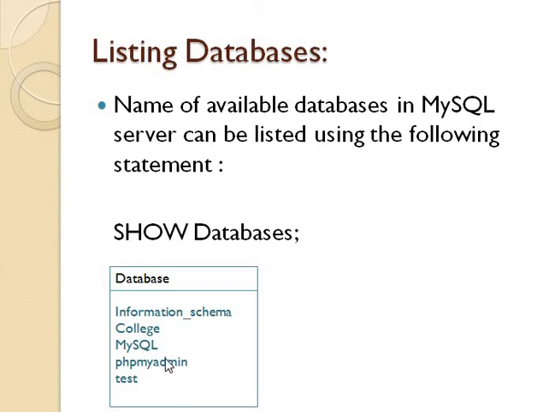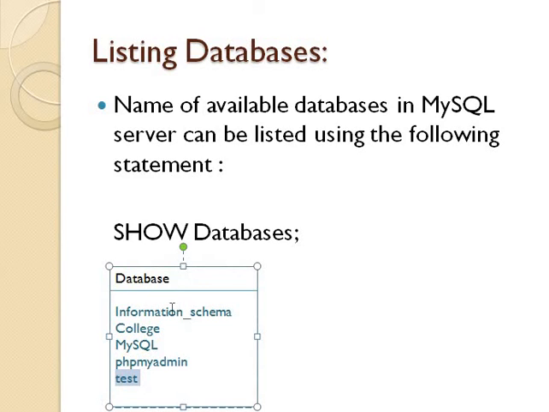Now if you see the list of databases, the database named college was just created by us. The rest of the databases, that is the information schema, the MySQL, then the phpMyAdmin, and finally the test database.